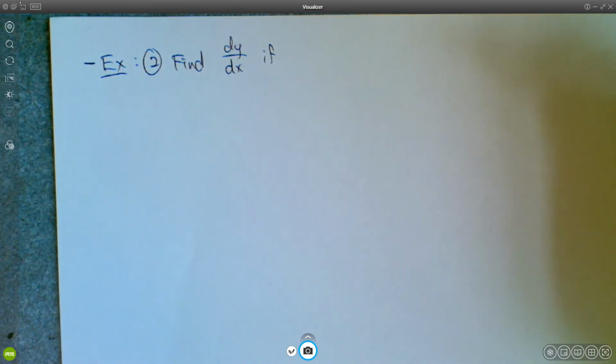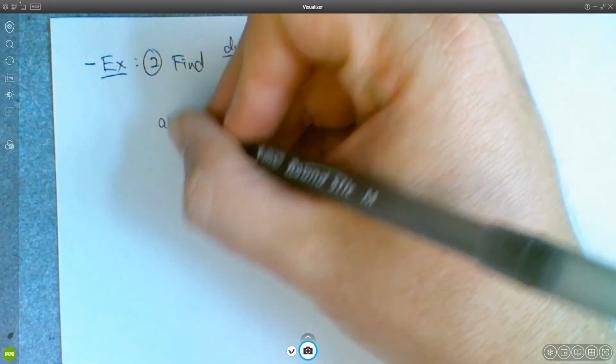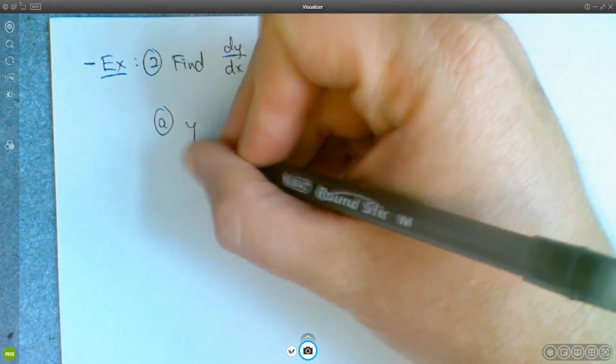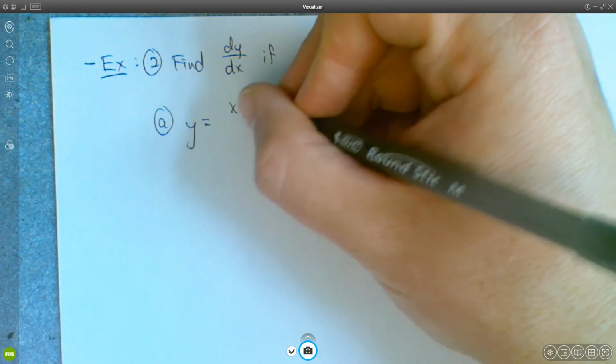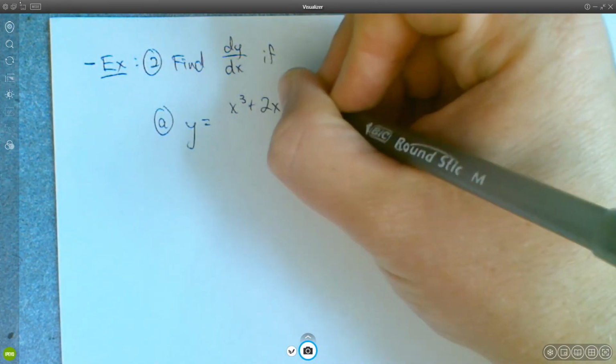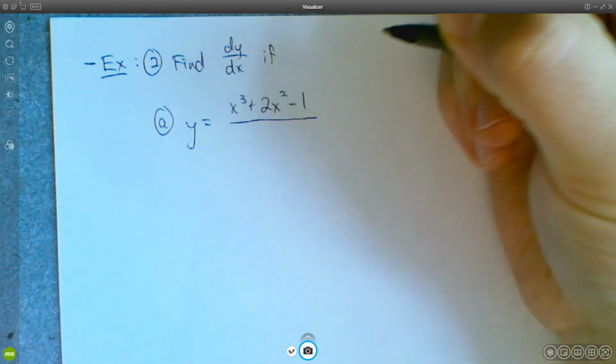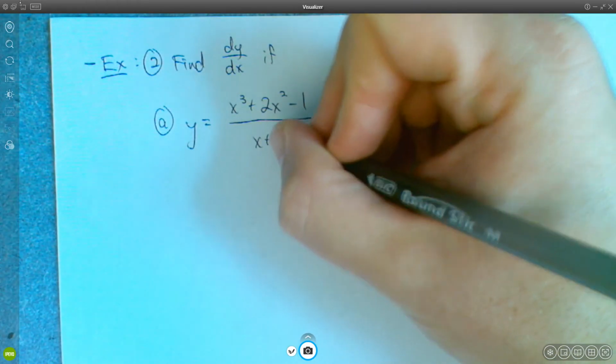So we're going to find dy dx. Let's find dy dx if y equals x cubed plus 2x squared minus 1 divided by x plus 5.